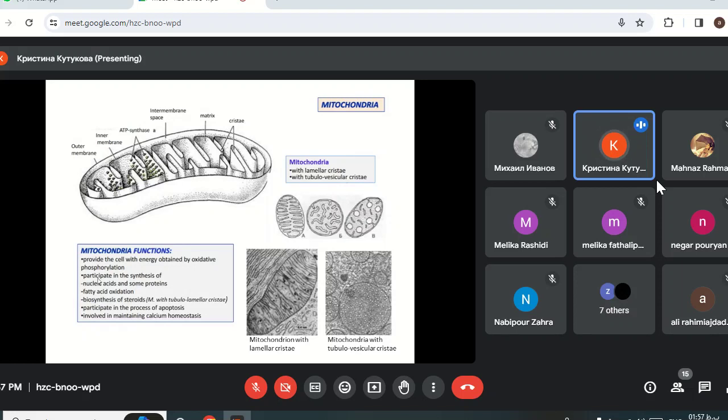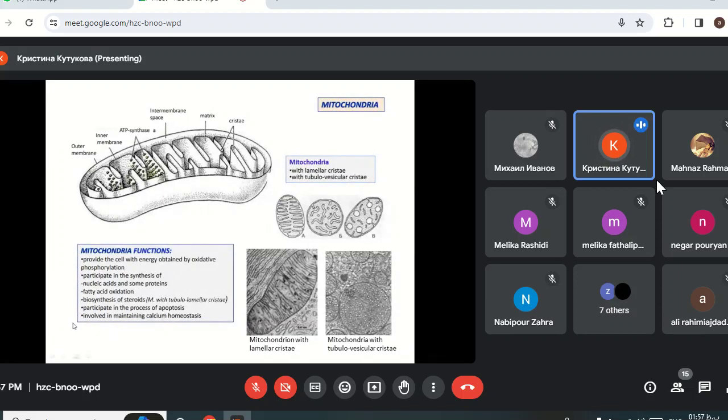And this programmed death of the cell is called apoptosis, and it needs a lot of energy. So it is not just breaking down of the cell and all of its content, but it's a programmed, very complex process which needs a lot of ATP molecules. So mitochondria give ATP and also a lot of enzymes which take part in this complex process.